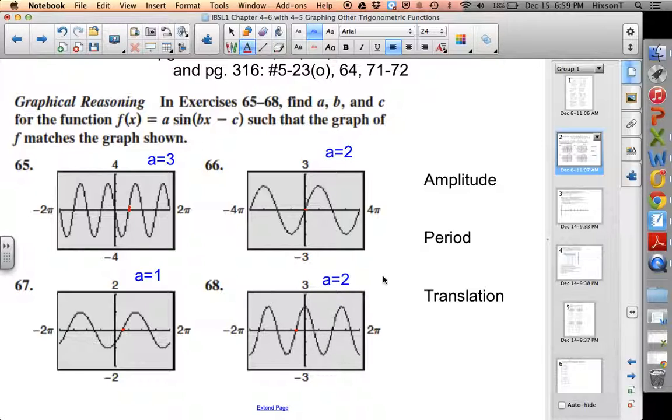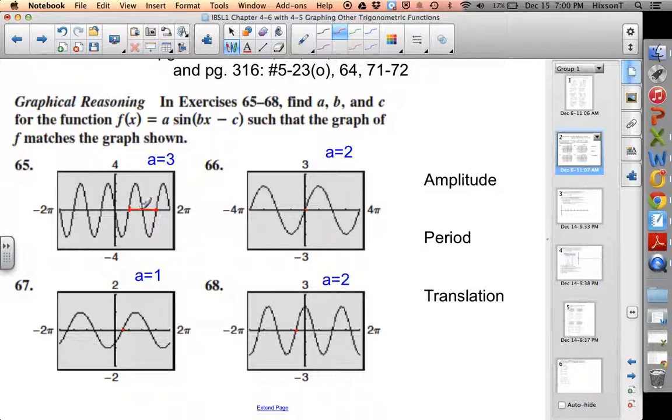The next thing we need to do is identify the period. So we need to figure out the ending point and then figure out what the distance is there. If we come back here, one full period is going to go up and then down and then back up here to 0. The distance from 0 to the end here is 2 pi. So halfway is going to be pi, which means this function starts at pi over 2 and then goes to 3 pi over 2.